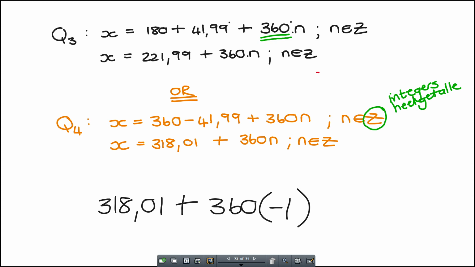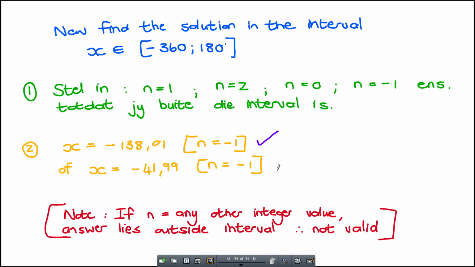Nee? Dink aan gewone positiewe en negatiewe getalletjies. Hier is minus 360 en ek mag gaan tot by 180. So daai minus 41 gaan hier ergens lê, né? So lê hy nog steeds binne my interval? Is it still within the interval? Yes. So kyk gou daar. The minus 41,99. That will definitely be an option.